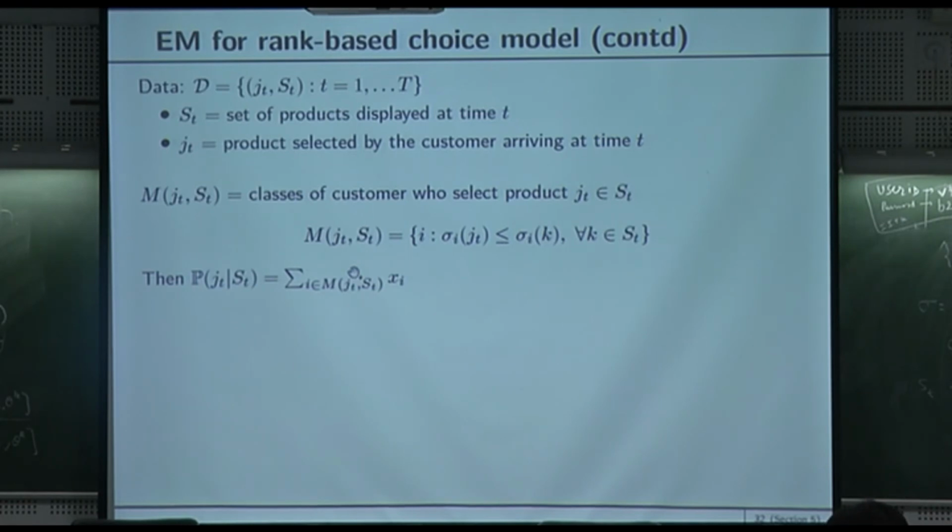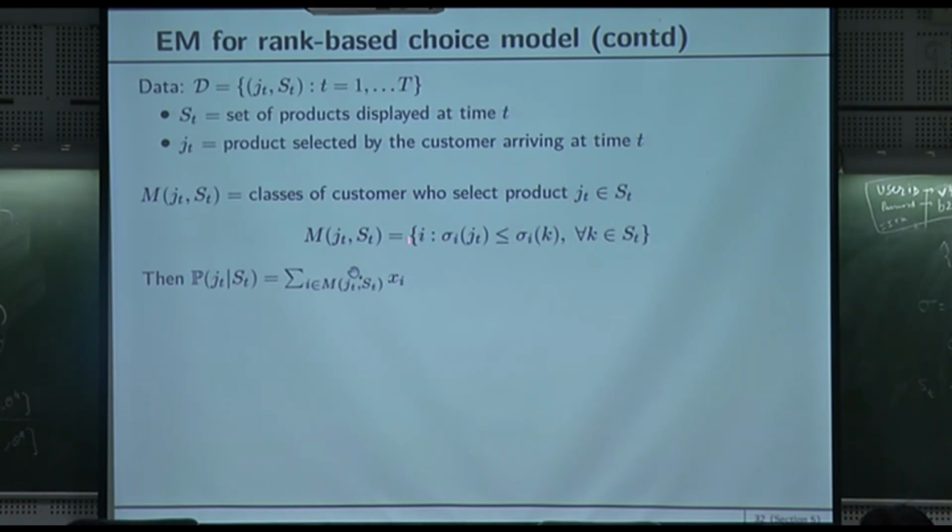So the mathematization of this story that we are going to do is the following. Given the set ST and given the purchase JT, I want to look at all possible classes of customers that would have picked JT from the set ST. So what am I saying here?